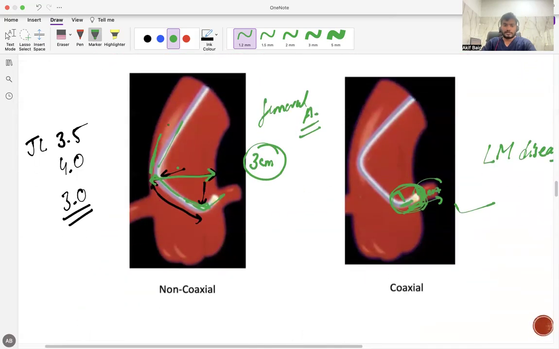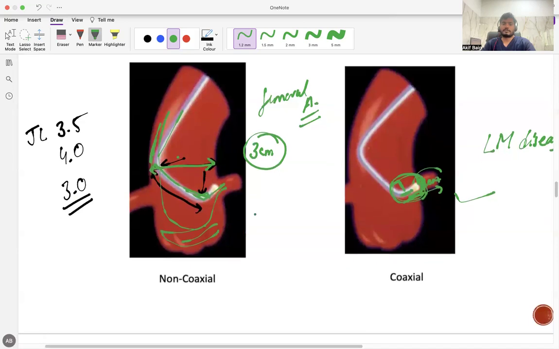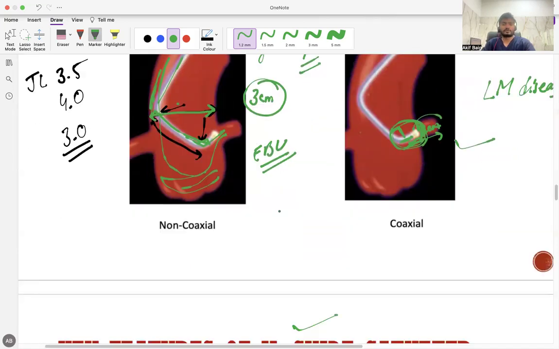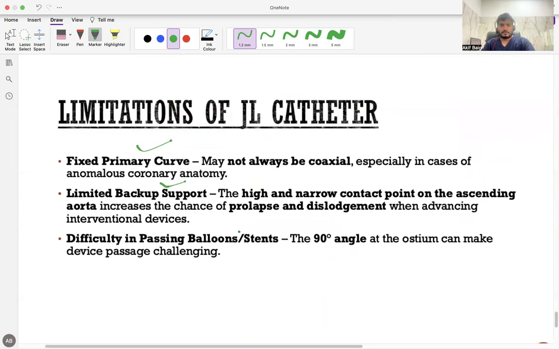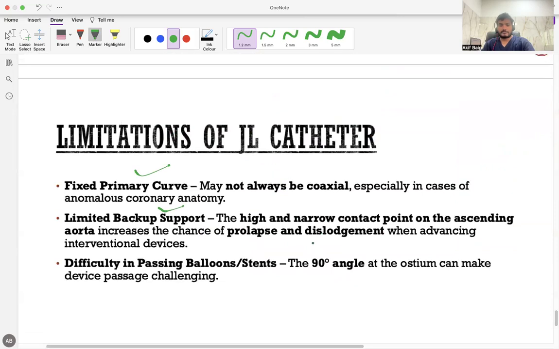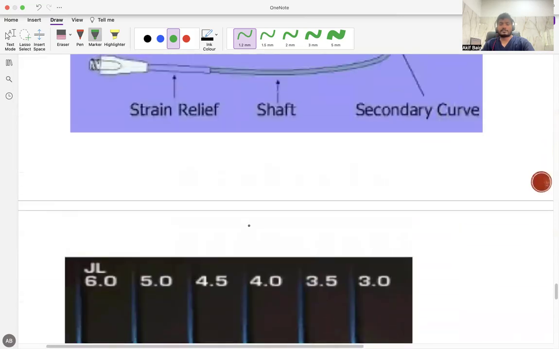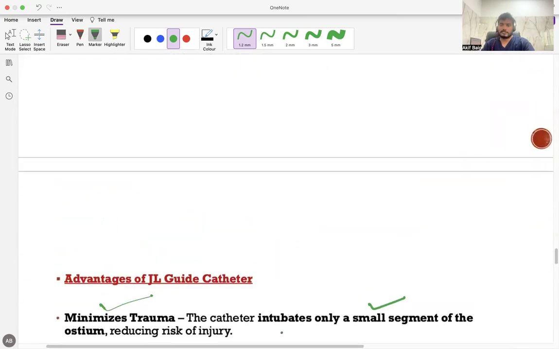That means the EBU comes in this direction and goes and sits into this, so it takes the support of the entire aortic annulus. The extra backup EBU catheter has more support compared to the JL catheter. And also, because of the 90-degree angle, as I said, there will be difficulty in passing balloons and catheters in the jail. Thank you.